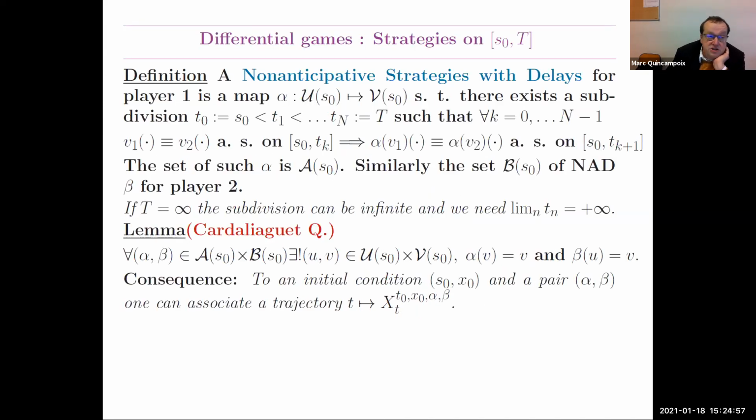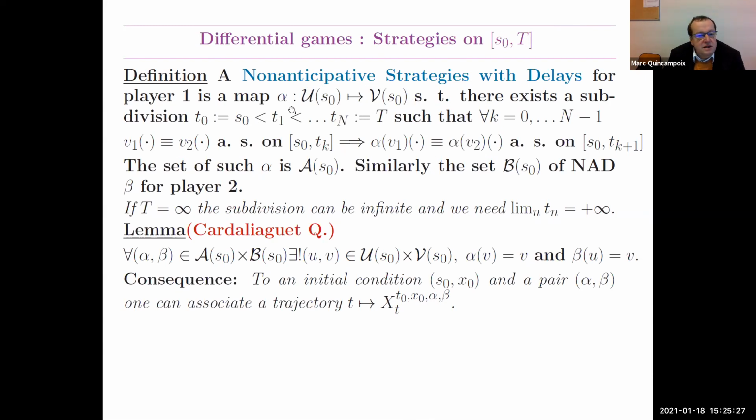Now, what are the strategies for differential games? It's less obvious than for discrete games. What is a non-anticipative strategy with delay for this differential game? It's a way to associate to an action of player two an action of player one.